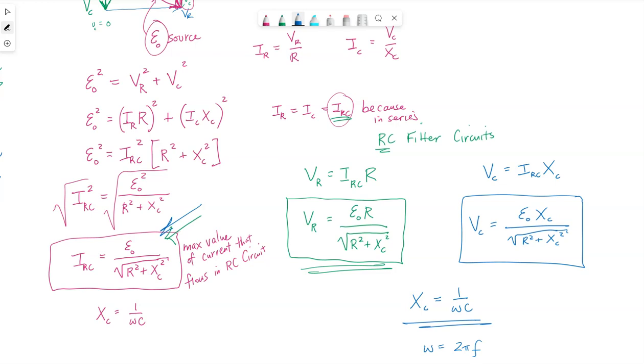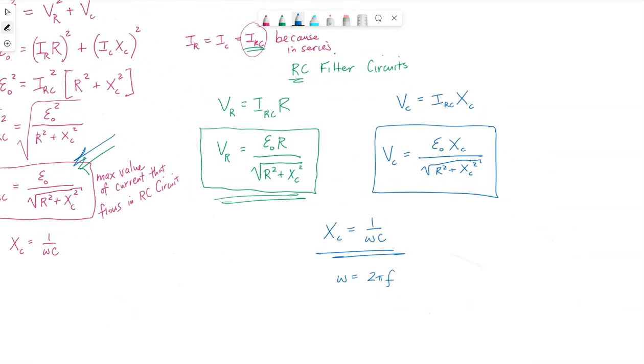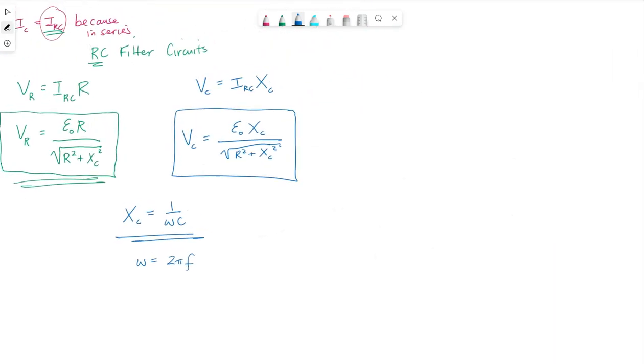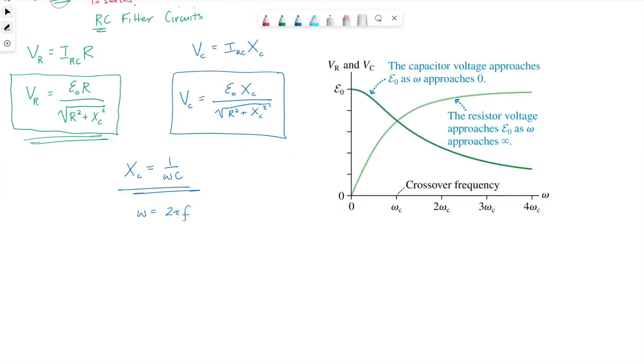Now, in terms of filter circuits, let me actually grab a picture from our text. So this graph shows us how the voltage for the resistor, the peak value, and the voltage for the capacitor are changing based off of the frequency of the source.